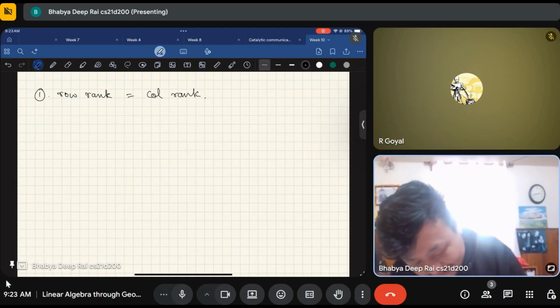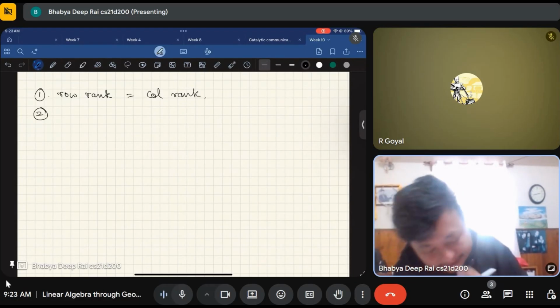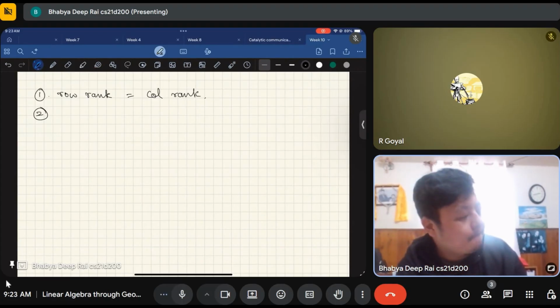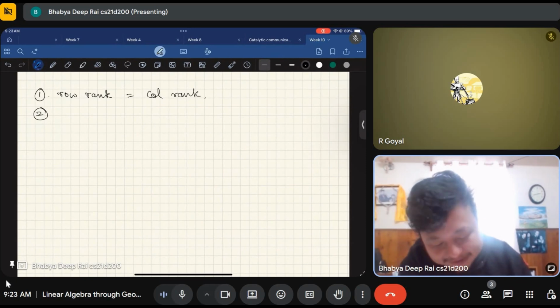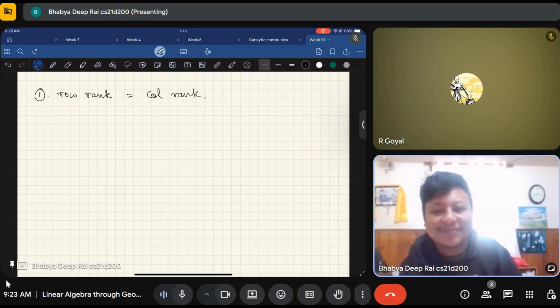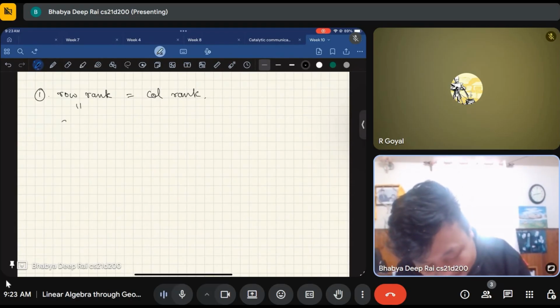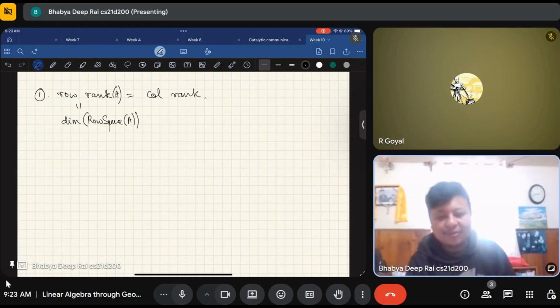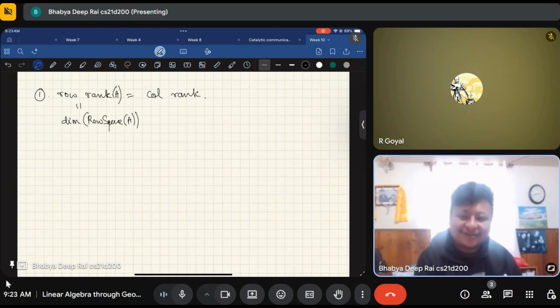By the way, what is the row rank in terms of the row space? It is simply the dimension of the row space. What is meant by the dimension of the row space?